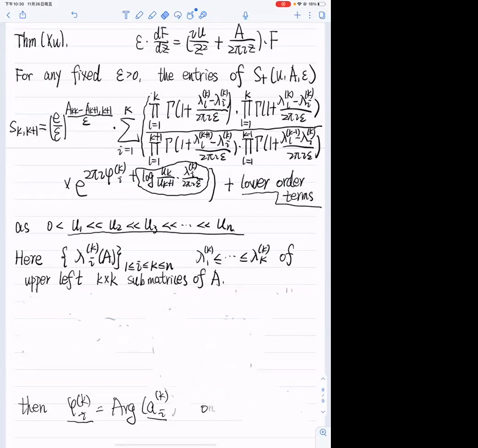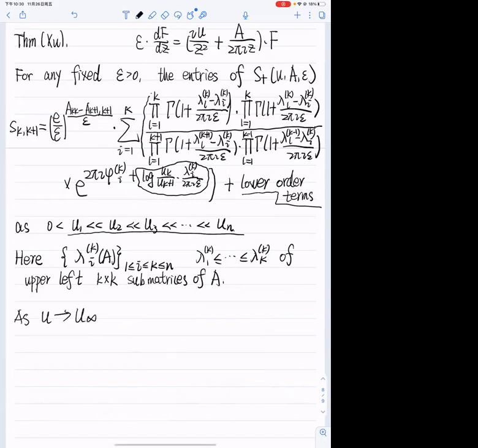So if we look at the expression, we find that as u goes to infinity, by which I mean I take this limit as people usually do in the KZ equation, and then furthermore as epsilon goes to 0, we find the following.